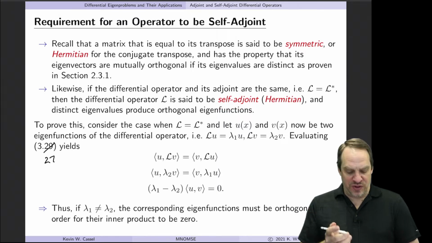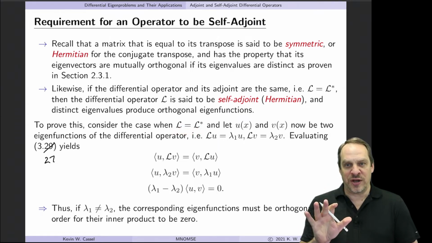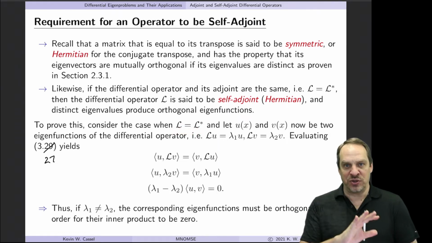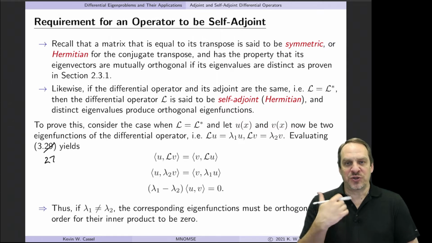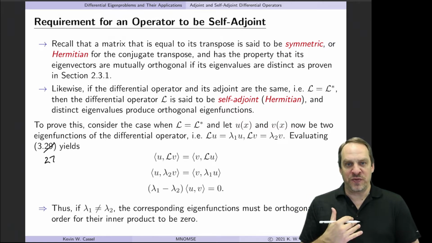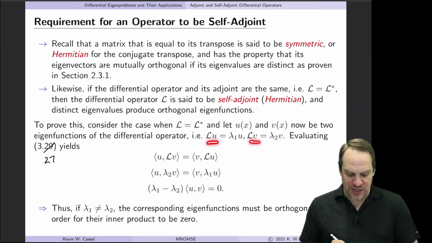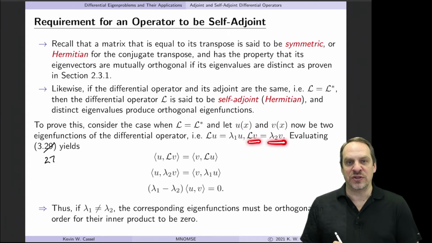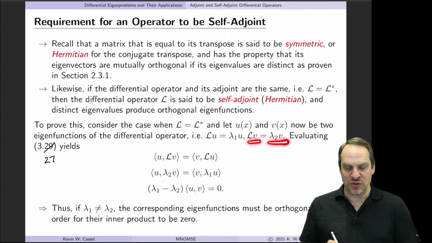So let's prove that if L and L star are the same, so that the differential operator is self-adjoint, the adjoint is the same as the original operator, then the eigenfunctions must be mutually orthogonal. Let's take U and V to be two eigenfunctions of that differential operator. U is the eigenfunction that corresponds to the first eigenvalue lambda 1, and V is the eigenfunction that corresponds to the second eigenvalue lambda 2.